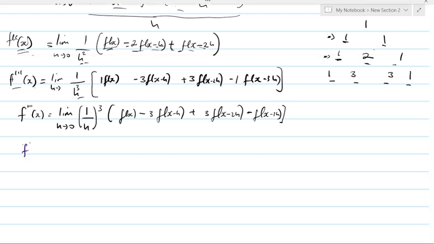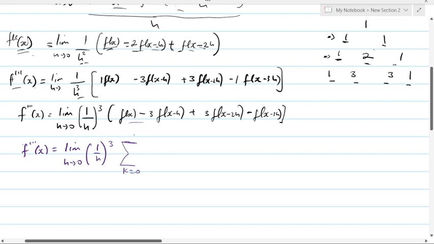That is, f triple prime of x is equal to the limit as h tends to 0 of 1 over h cubed. Here we can introduce our summation, whereby k goes from 0 to 3, because that is the highest power. This is positive, negative, so you have to add minus 1 to the power k. By the time k is 0 we have positive, when k is 1 we have negative, when k is 2 we have positive again.